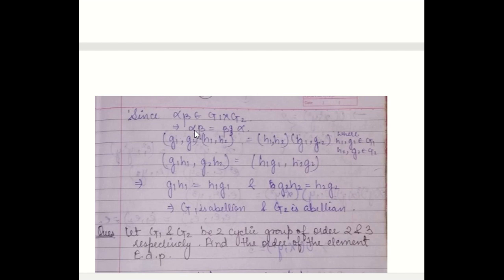Also it is abelian, so alpha beta is equal to beta alpha. We have to show G1 is abelian and G2 is abelian. So consider alpha beta, (g1, g2) into (h1, h2), and this will be equal to (h1, h2) into (g1, g2).